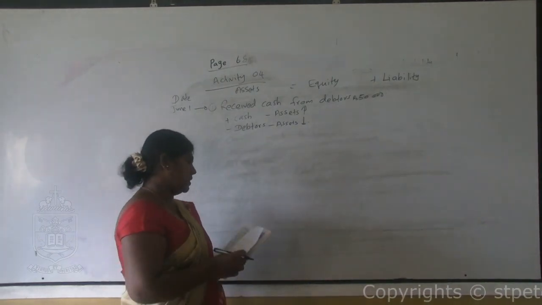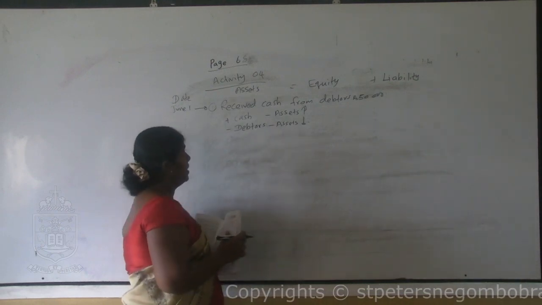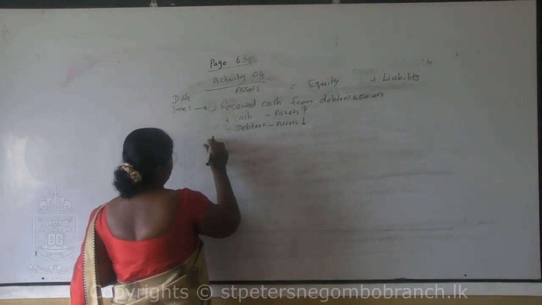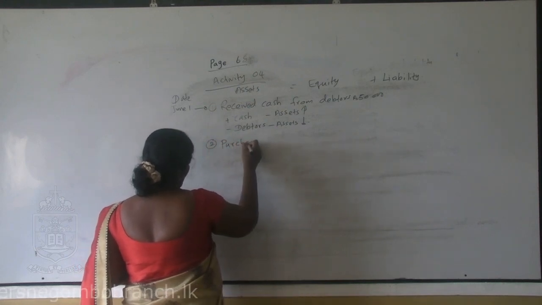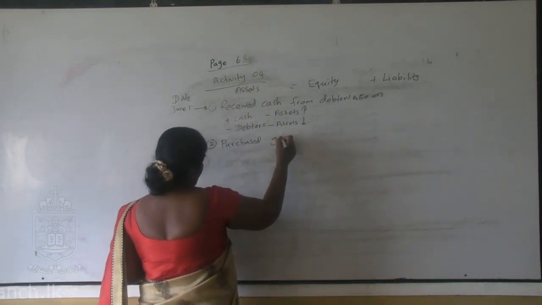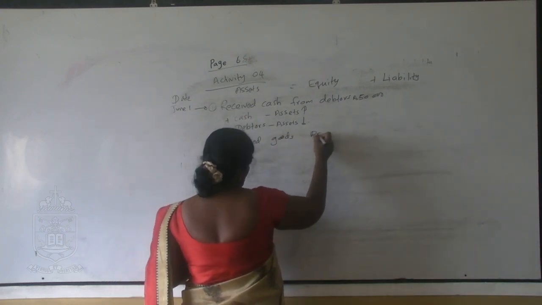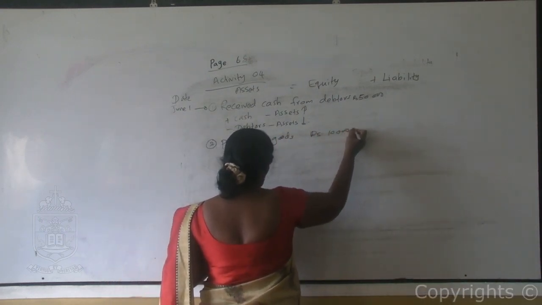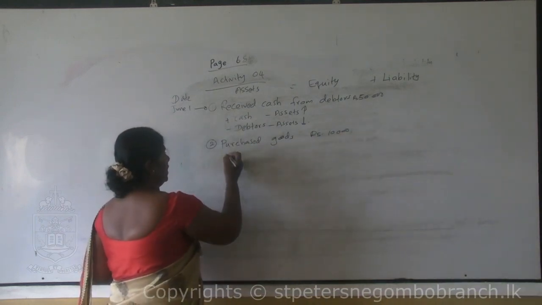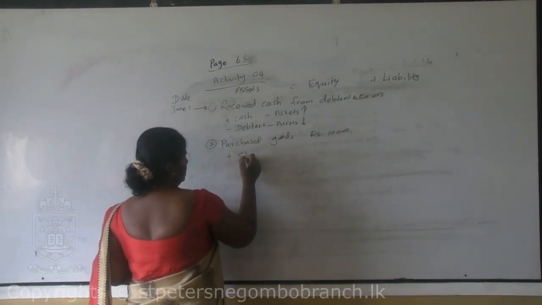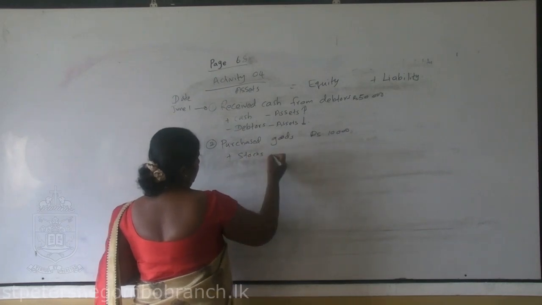As an example, purchase goods 10,000 rupees. So based on this transaction, you can see stocks increase.